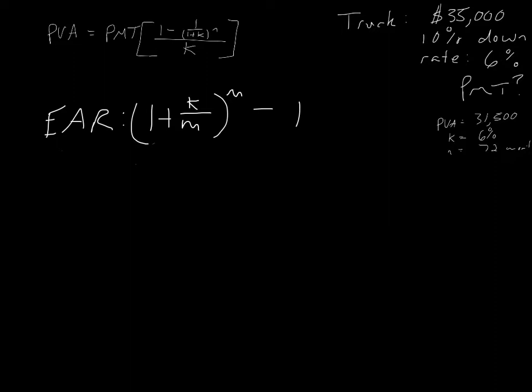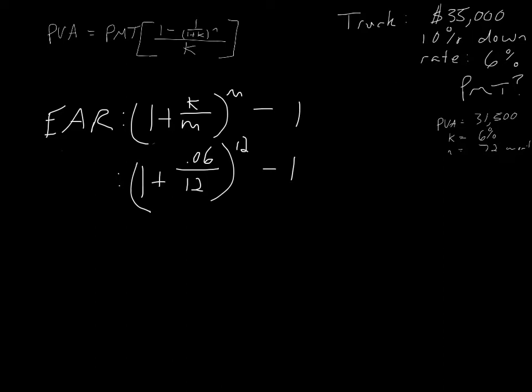Okay, that's our calculation. So in our situation here, we're going to take 1 plus K, which is 0.06, divided by the number of months, which is 12, raise it to the 12th, and then subtract 1. So let's do that calculation real quick. I'm going to do it on my calculator here, so you won't see it, sorry. But we have 0.06 divided by 12 equals, oops, that is not correct.